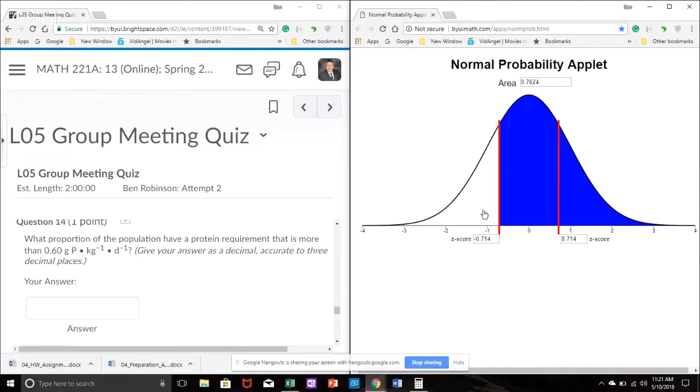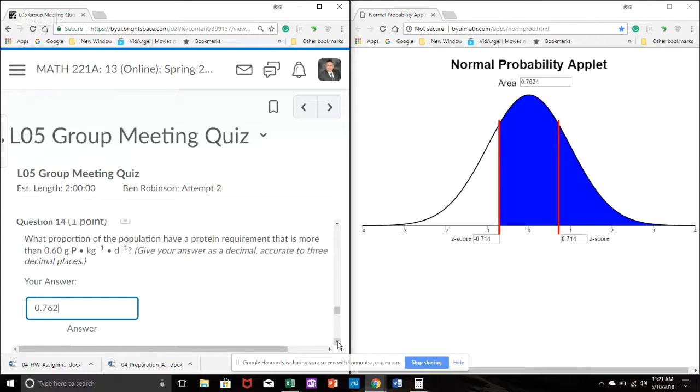Because we already have the one that is less than, and now it says more than, we can subtract 1 minus 0.238, right? Yep, that's exactly right. That will be 0.762.